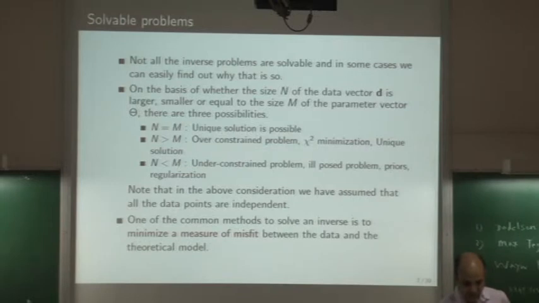And I again told you that the number of data points is n and the number of parameters of our theory is m, and depending on which of these conditions is true, the problem may be easier or harder to solve, or may not be possible to solve at all.